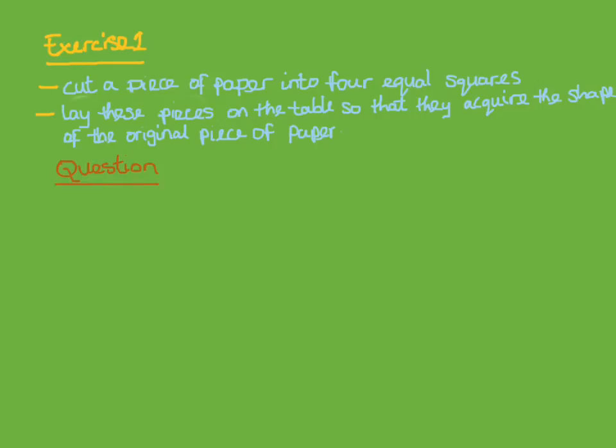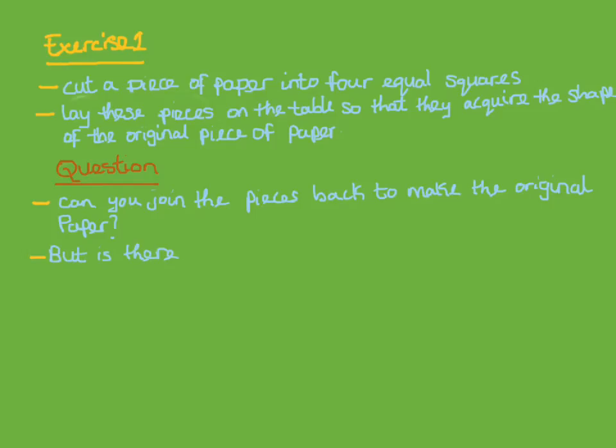Question: can you join the pieces back to make the original paper? Obviously, you can't. But is there a change in the property of the paper? You will be able to answer this question as we proceed.